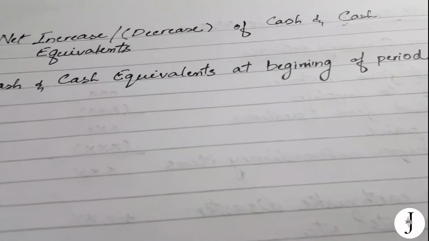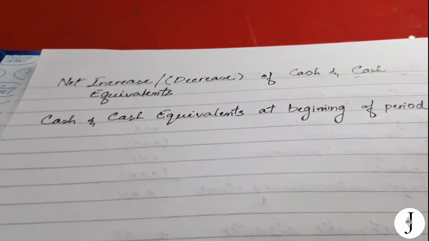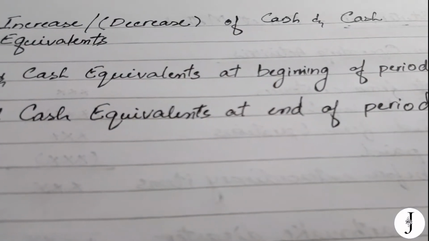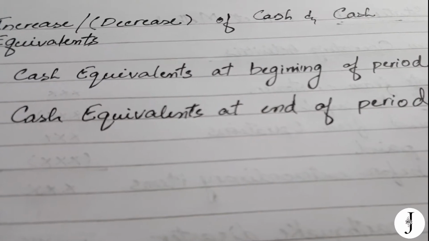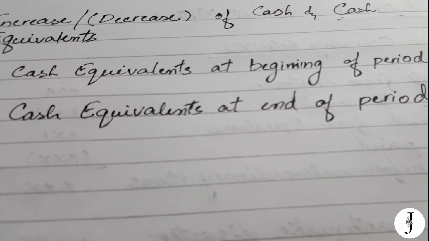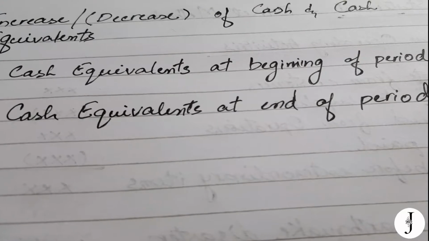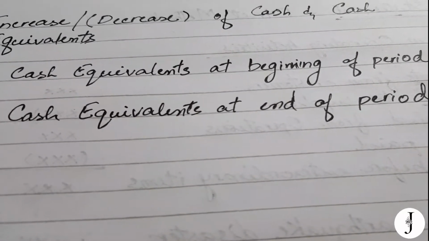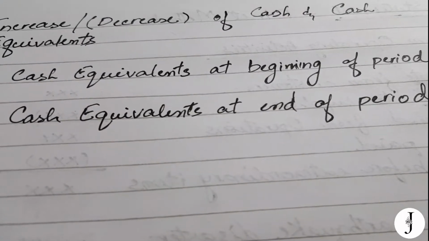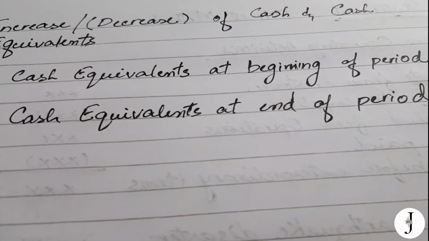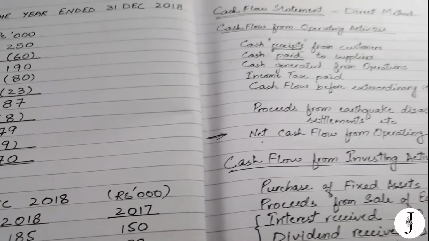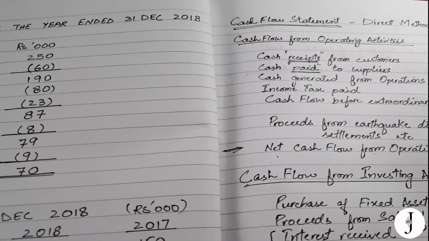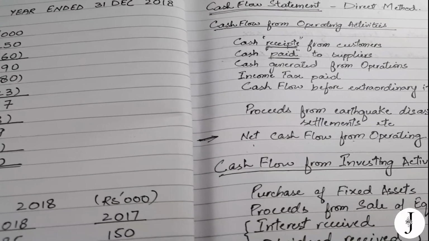So this is also a reconciliation statement of cash, but more than that, we are analyzing the cash inflow and outflow from each activity of business. So here we have seen the full format of cash flow statement under direct method.